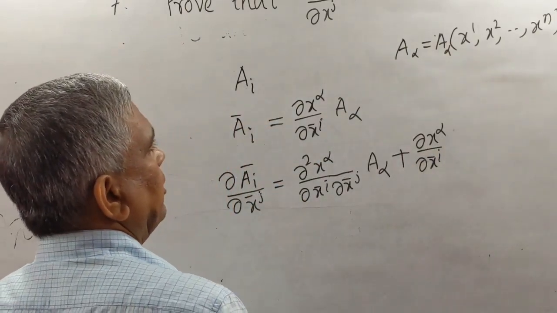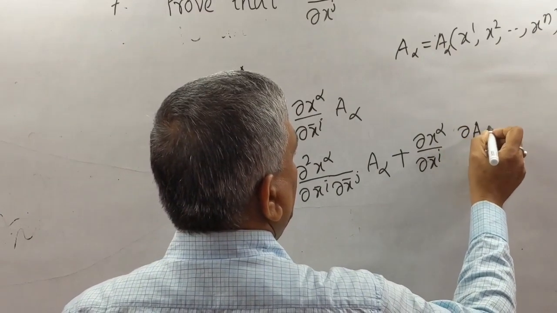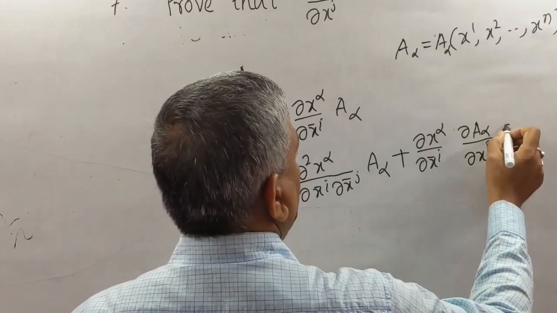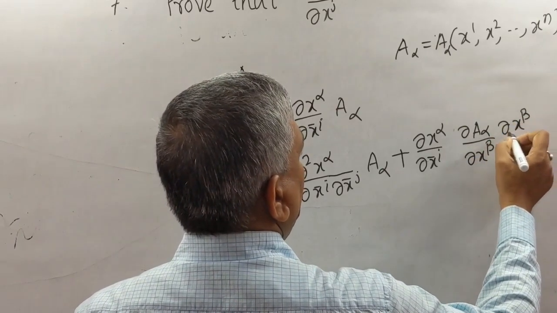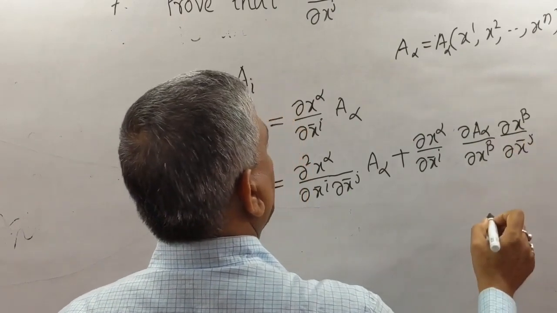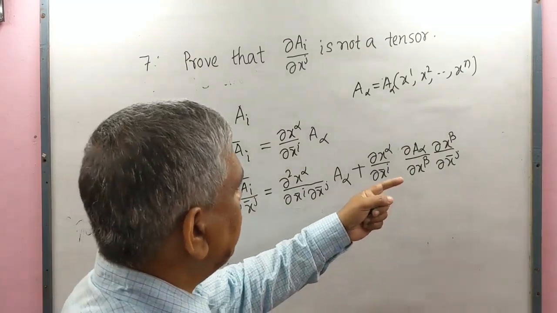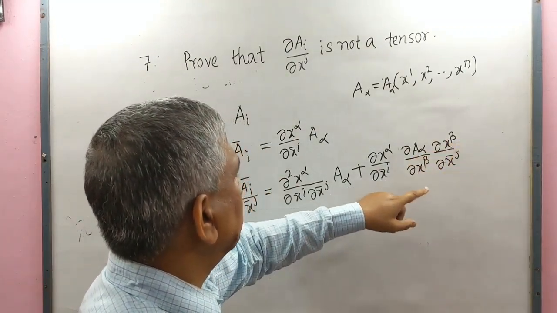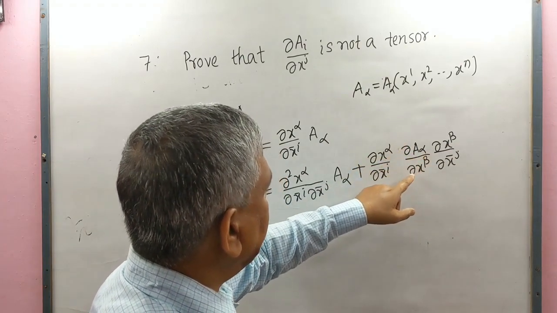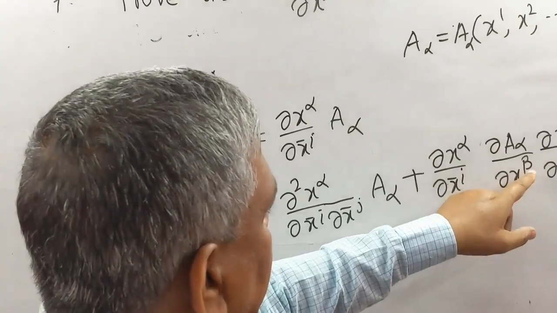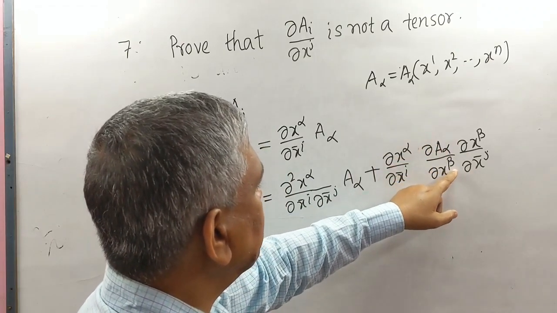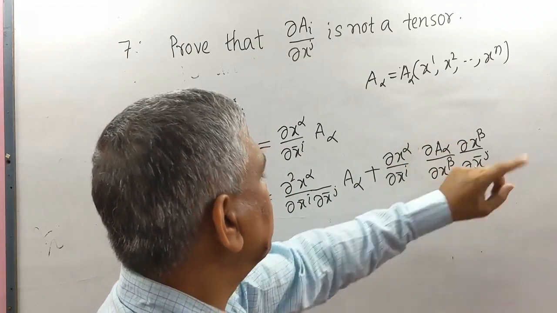So we write del a alpha by del x beta by del x bar j. Here beta is the dummy suffix, so we may differentiate del a alpha by del x1 by del x bar j plus del a alpha by del x2 by del x bar j, and so on.